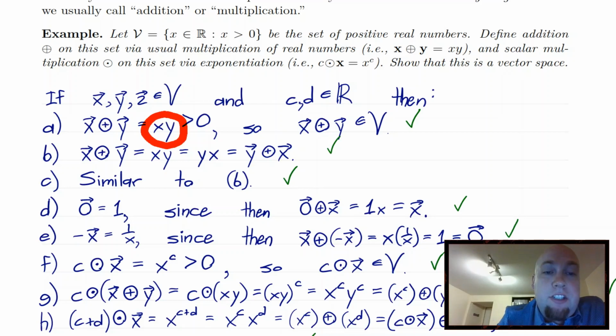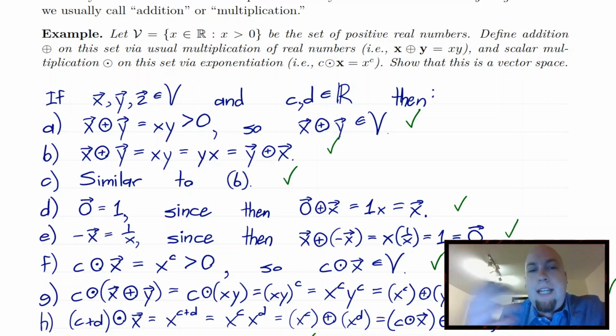So the vector addition is x times y, and remember that if x and y were both in that set, then x has got to be bigger than 0 and y's got to be bigger than 0. So I'm multiplying together two numbers that are bigger than 0. So it's still bigger than 0, so it's still in that set, right? If you take two numbers that are positive, you multiply them together, still positive. So it's still going to stay in this set. This set is closed under multiplication, which is vector addition. Okay, so that's great. That's what I want.